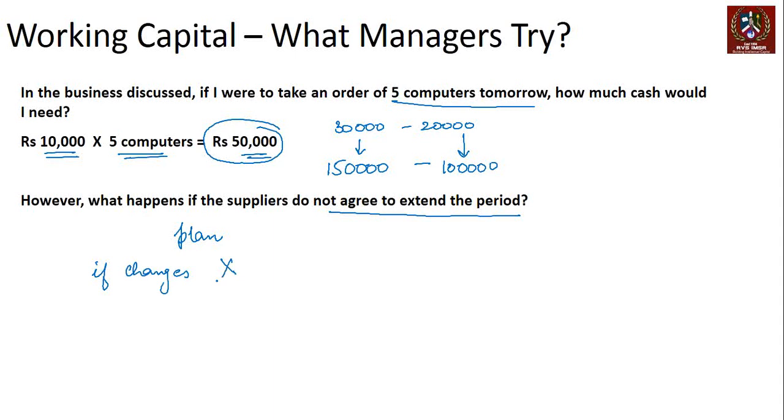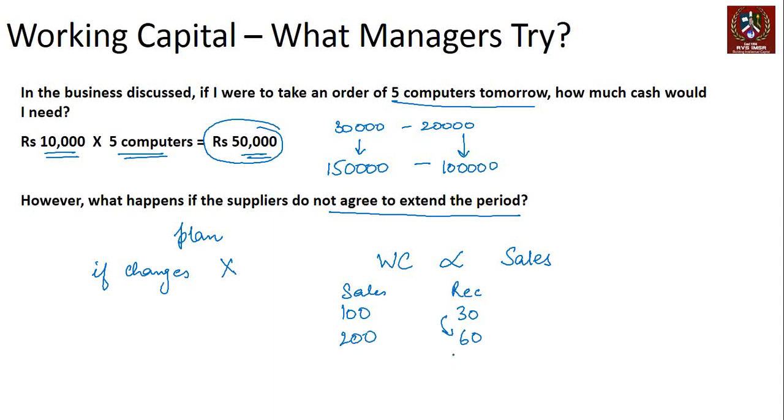So if you think about it, one computer, 10,000, 5 computers, 50,000, which is what I'm saying is working capital should move proportionally to sales. If sales is 100 and receivables are 30, sales going to 200, it's expected that receivables will go to 60.